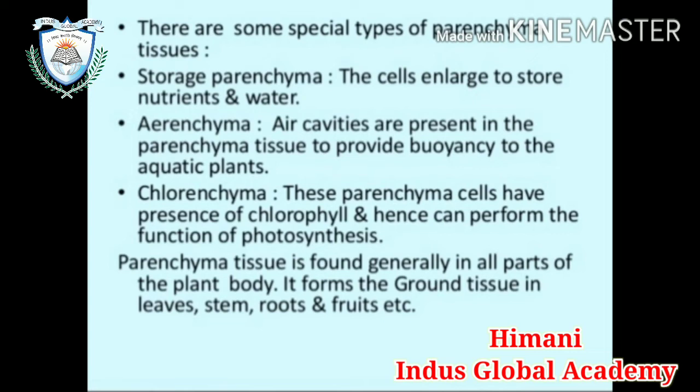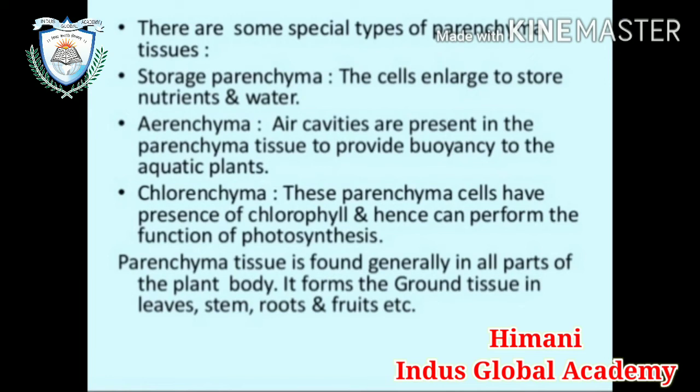The cells enlarge to store nutrient and the water. Aerenchyma: air cavities are present in the aerenchyma to provide buoyancy to the aquatic plants. Third, chlorenchyma. These parenchyma cells have the presence of chlorophyll. That's why this tissue is known as chlorenchyma. They perform the function of photosynthesis.